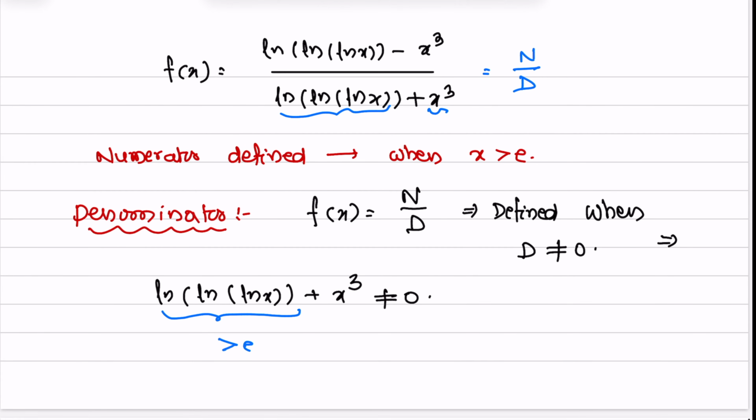That means we have to find the roots of x cube plus ln of ln x. x is not equal to the roots of x cube plus ln of ln x. Do you agree?